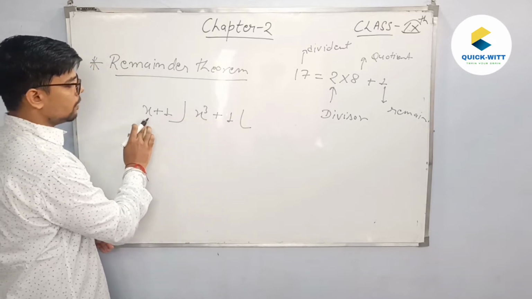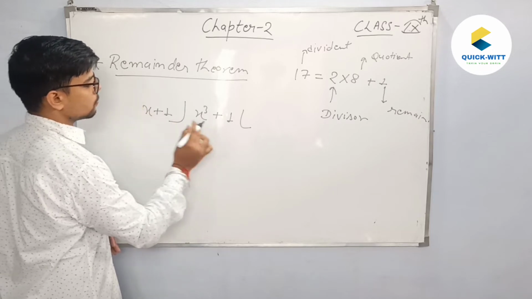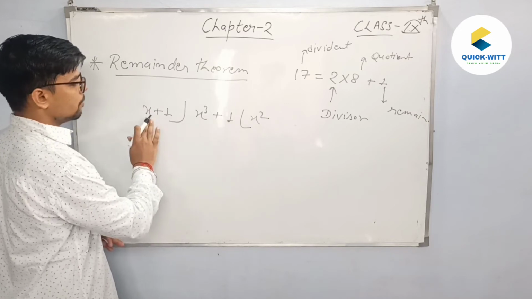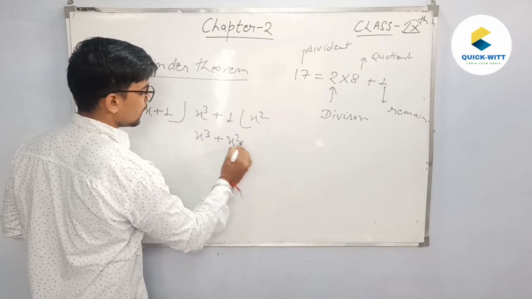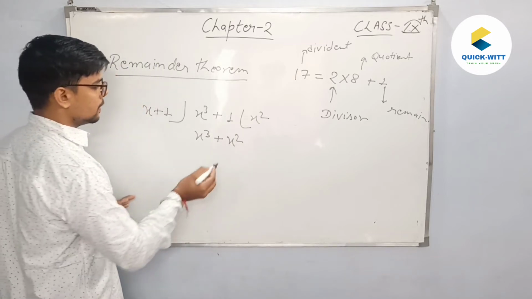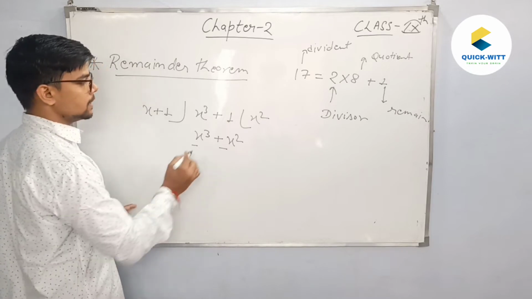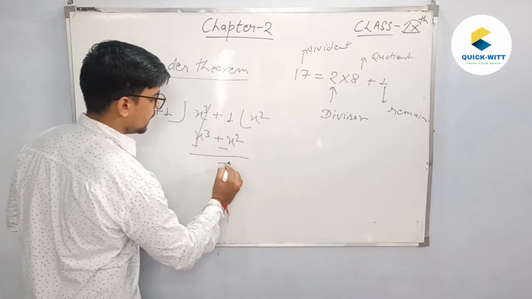So how can I get the same as x cube? If I multiply x plus 1 by x square, what will I get? X cube plus x square. Correct? Now I have to change the sign. This will cut.